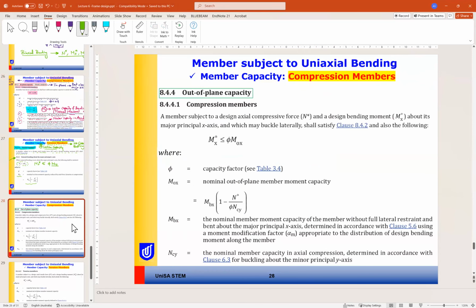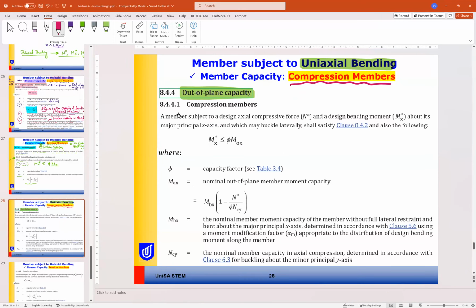The second type is out of plane. Out of plane capacity for uniaxial bending members. The first one is the compression members.